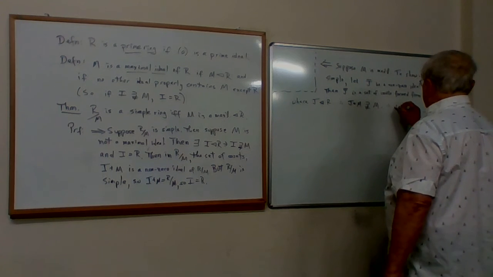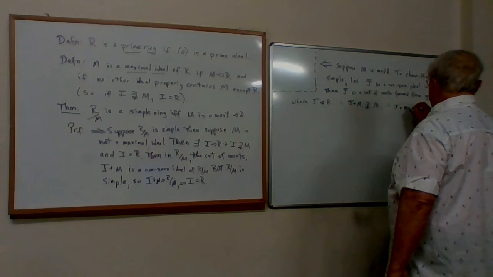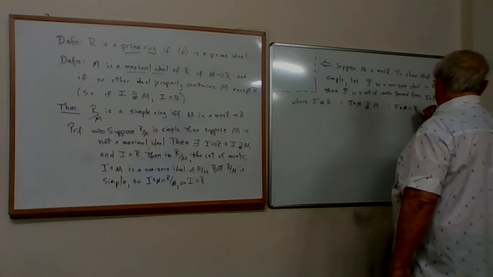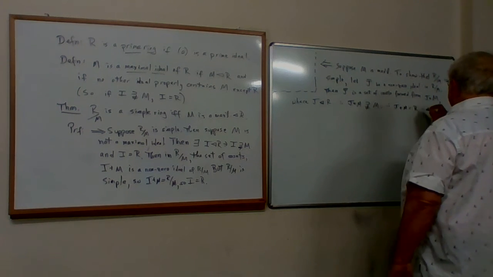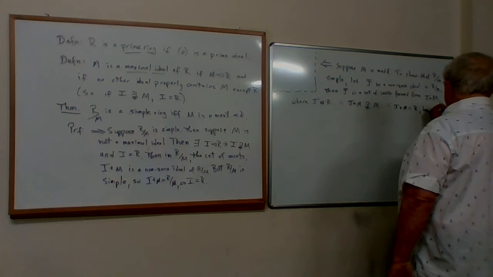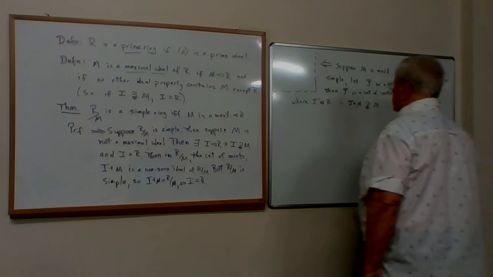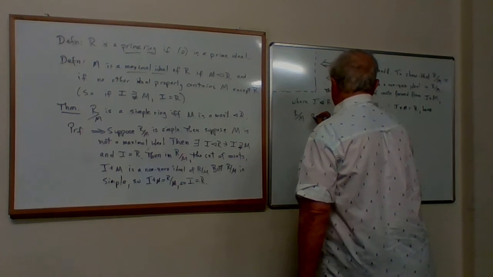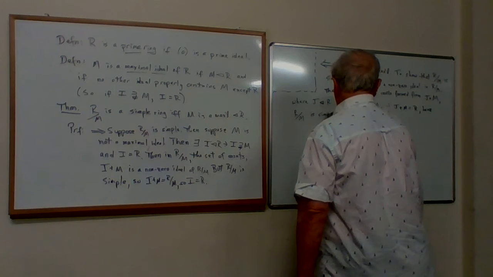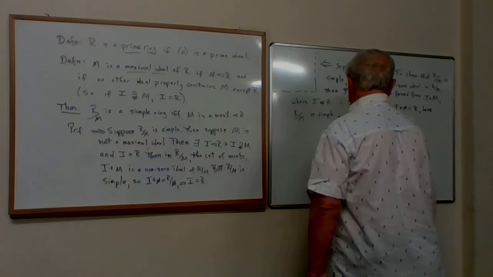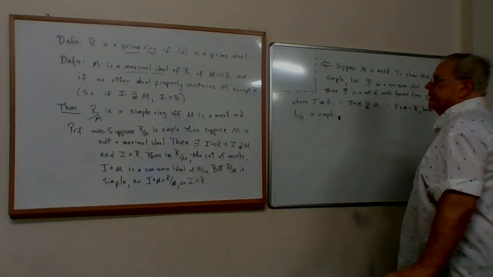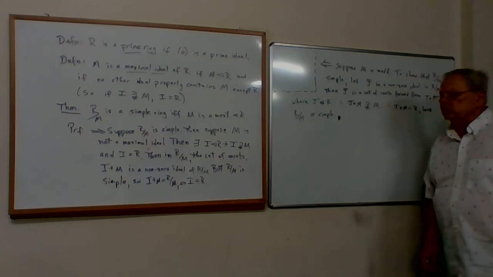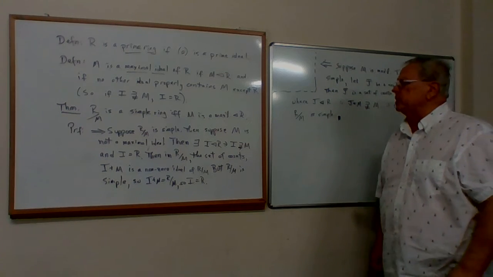Therefore, J plus M is equal to all of R. Hence, R mod M is simple. And that's the end of it. Okay, so R mod M is a simple ring if and only if M is a maximal ideal.